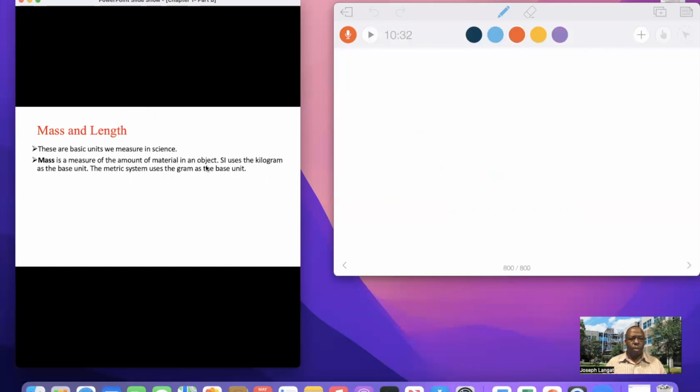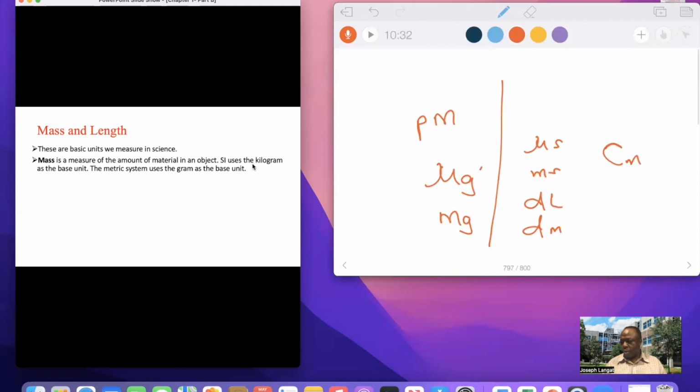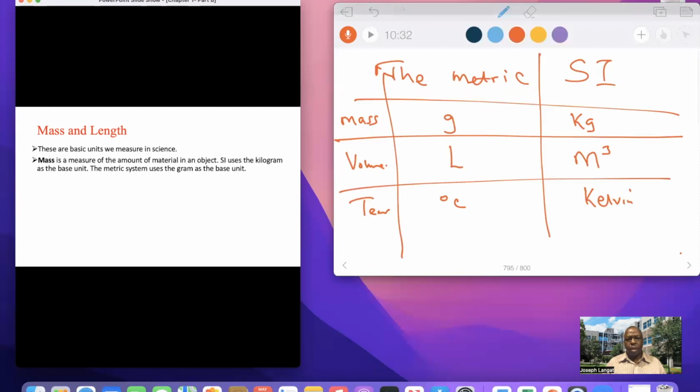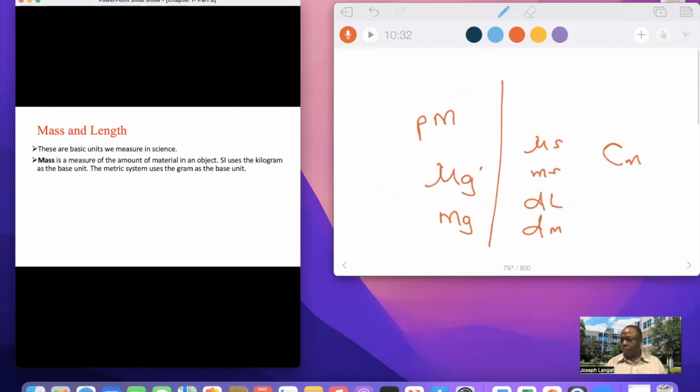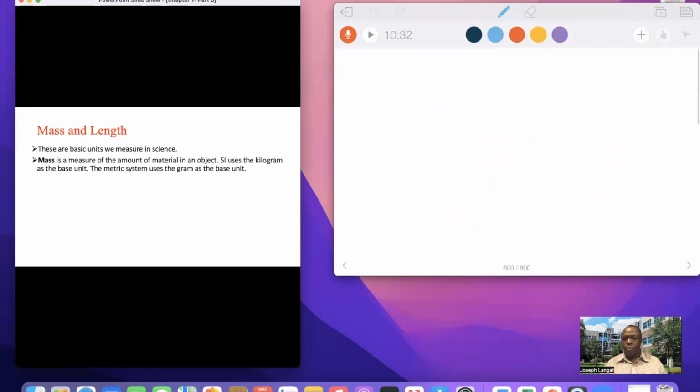Okay, the SI unit is the kilogram, in metric we use gram. Please take note of that, so that you know the SI versus the metric.